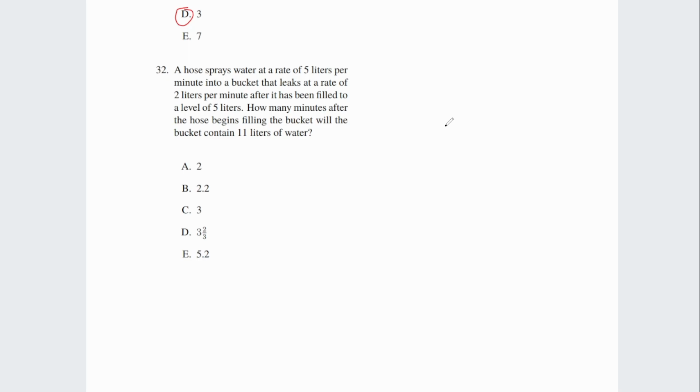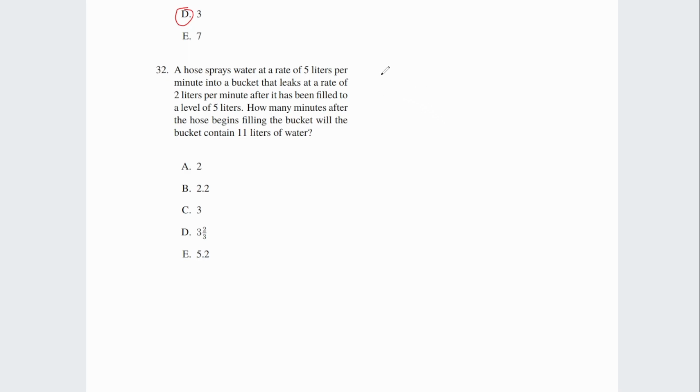So we can imagine that the way this bucket fills is something like, all right, if we just need to figure out 11 liters, we know that 5 liters in the first minute, and then after that, it fills at 5 minus 2 liters per minute, which is 3 liters per minute.